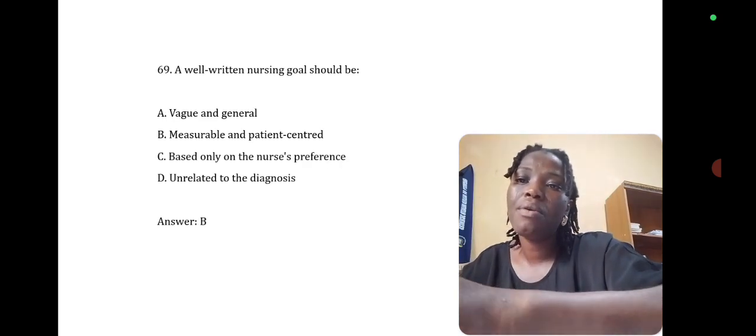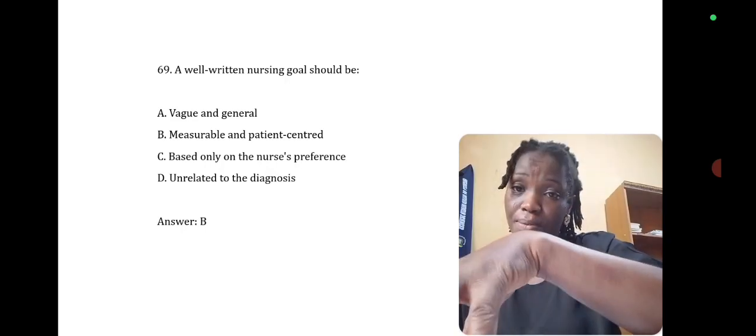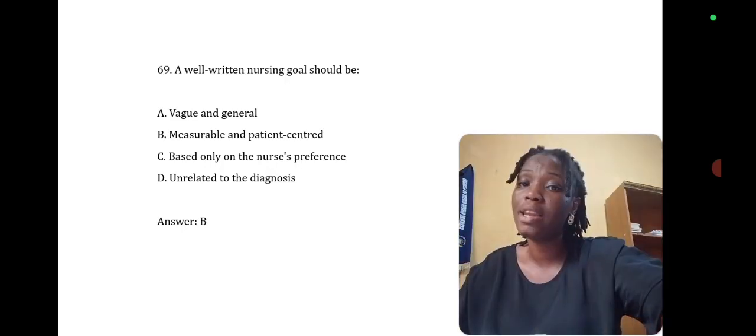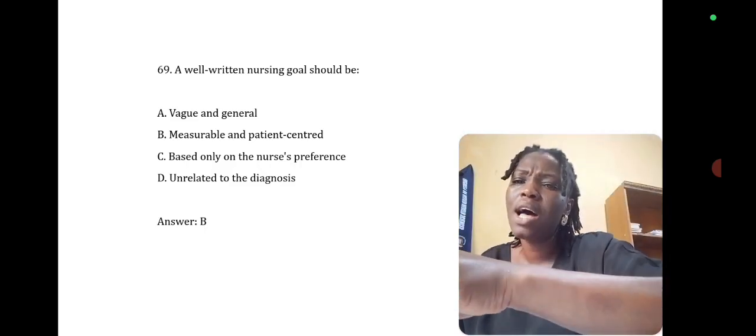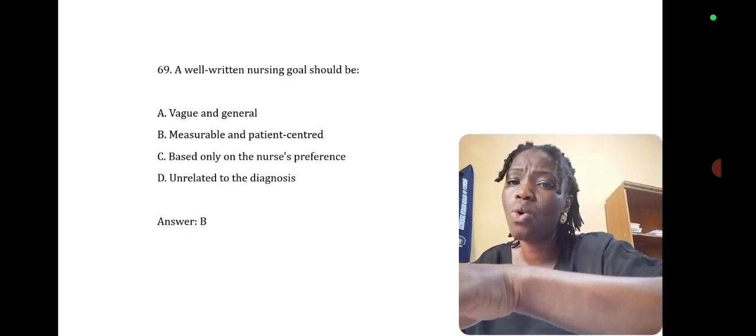Number 69. A well-written nursing goal should be, the nursing goal is like the nursing objective. After your diagnosis, you write the objective before you do intervention, rationale, and your evaluation when you are writing out your nursing care plan. So after your diagnosis, the next thing you write is your goal, your objective.